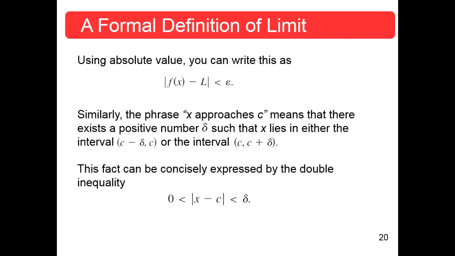So this is almost the same type of situation here. It's just that this one, the difference here could actually be 0. There, you don't require x equals c. You're just getting closer and closer to c.